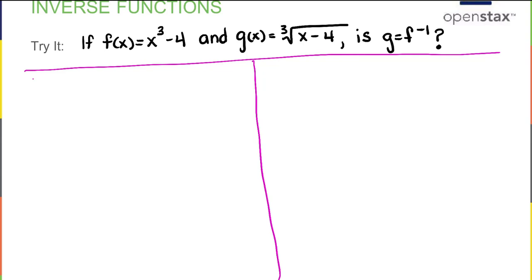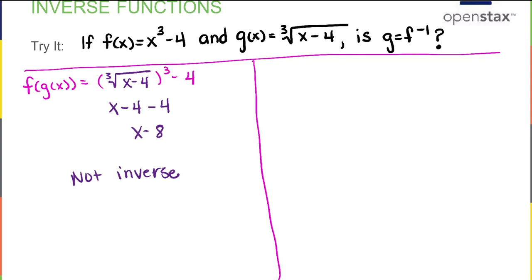Now, I already know the answer, and it looks like my screen was not following along with me, so it just caught up. Okay, so we know the answer is they're not inverses, but just in case you did g of f of x, let's do it that way as well, just to show you you're going to get the same answer.